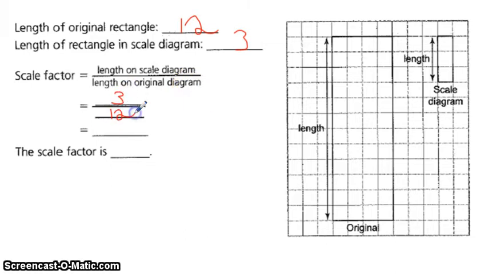When you're reducing, your answer is typically going to be in fraction form or decimal form. If we were to divide this, you can leave it in lowest form as a fraction, which would be 1 over 4, because 3 goes into 3 once and 3 goes into 12 4 times. Or we could just use a calculator and divide 3 over 12, and it'll give you a decimal, which is 0.25.